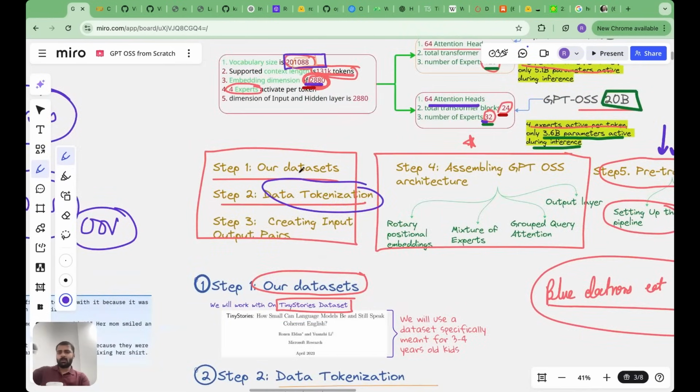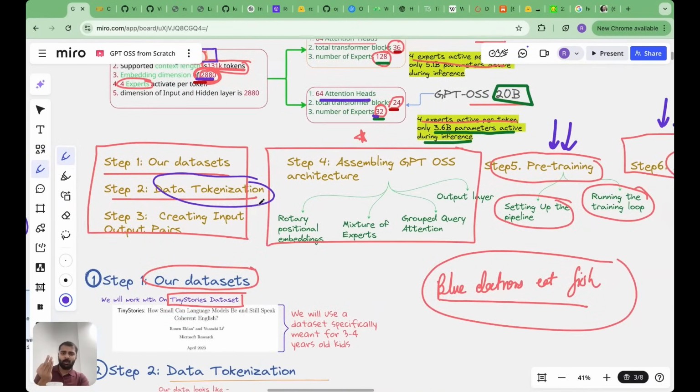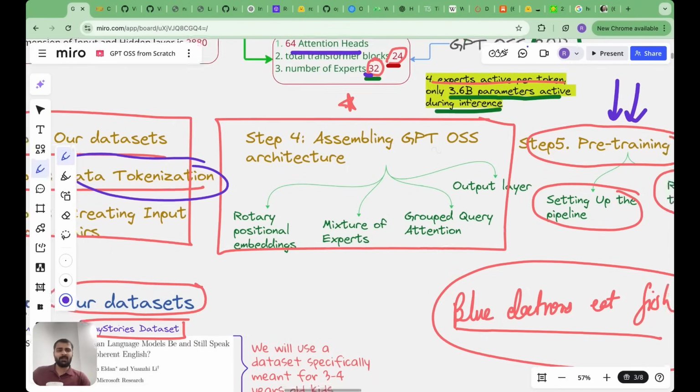I hope you understood all the steps: assembling the dataset, data tokenization, creating input-output pairs, getting to know the GPT-OSS architecture, rotary positional encodings, grouped query attention, attention bias and sinks, then the sliding window part of the attention, RMS normalization, the harmony tokenizer. So many new things they have added, and I've tried to fit all of that in this video.